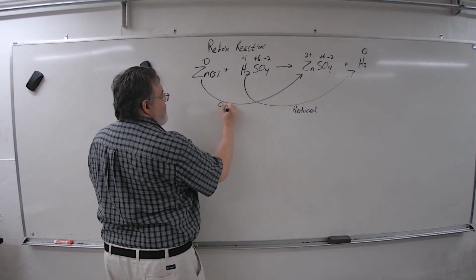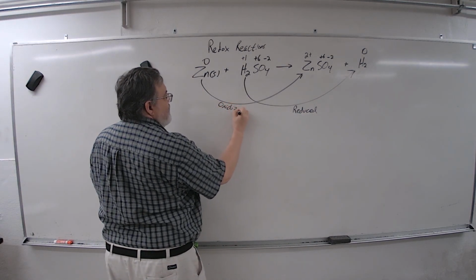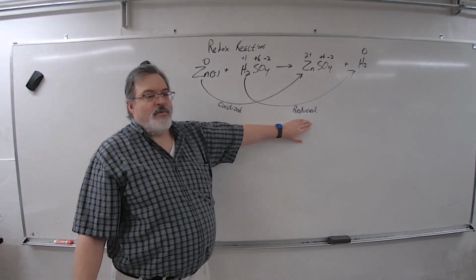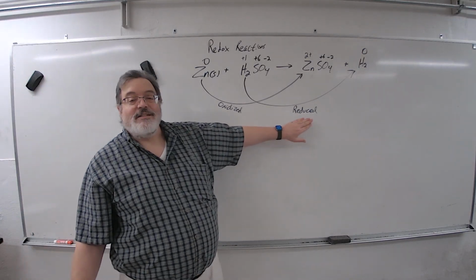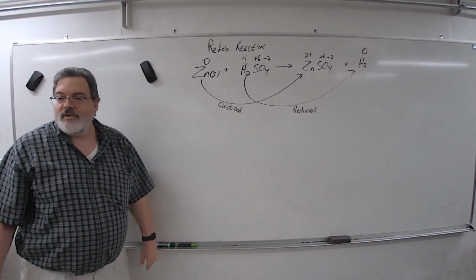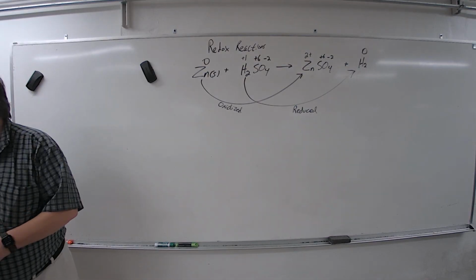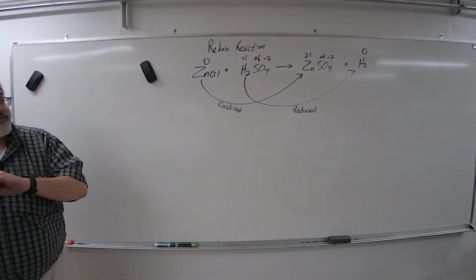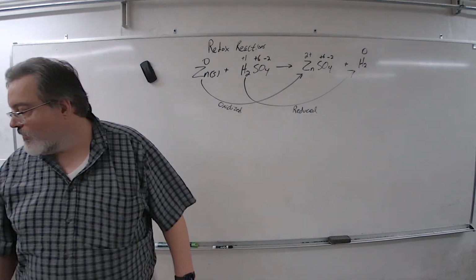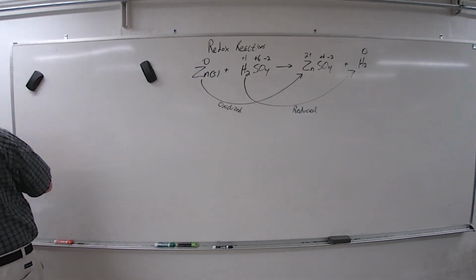So zinc is oxidized. Gained electrons, underwent reduction. It is the oxidant. It is the oxidizer. You with me? That's a review of redox reactions, at least as I do them in 1211.